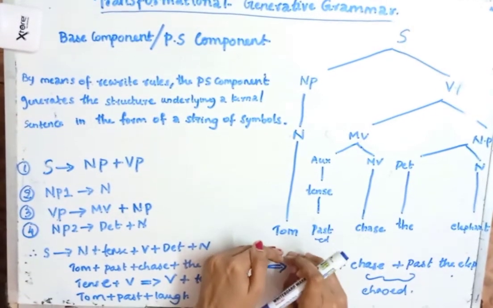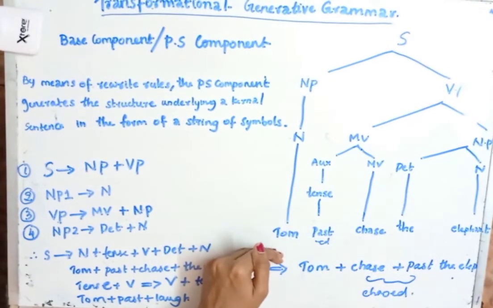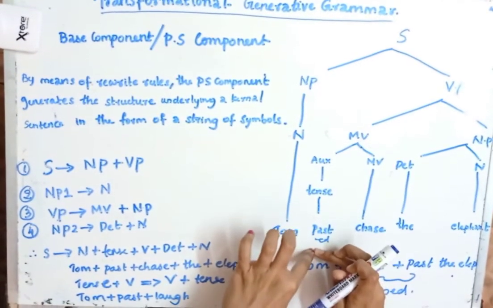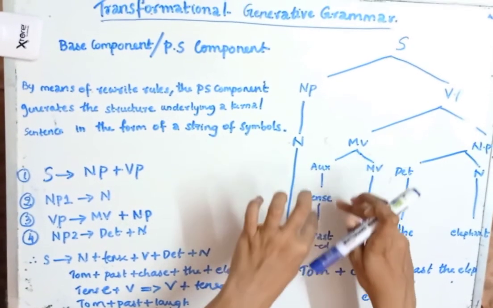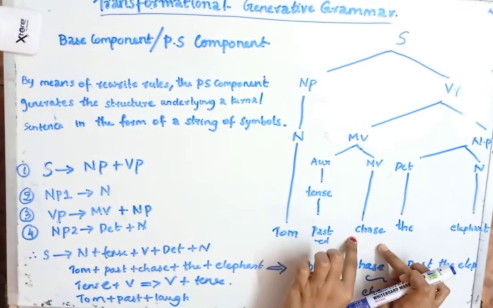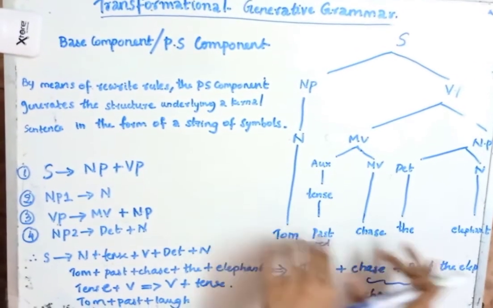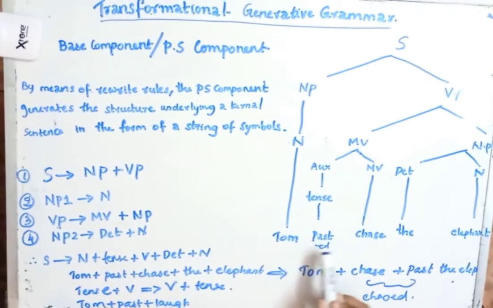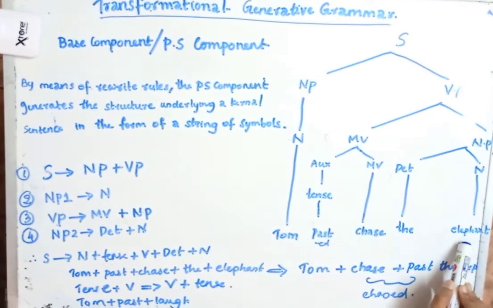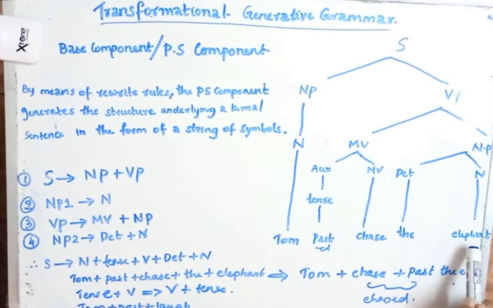Since it is chased, you know that it is in the past tense. So you need to specify the tense here because it belongs to the auxiliary of tense, right? So you write past, then you write chase, then you write the elephant. So the sentence is Tom past chase the elephant.